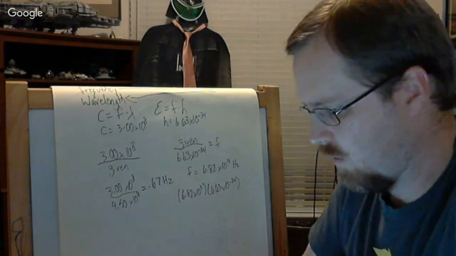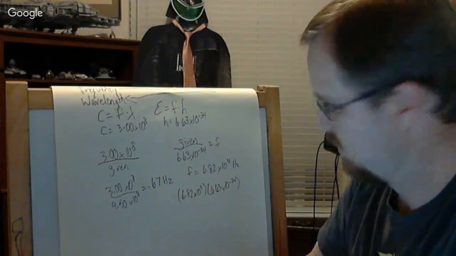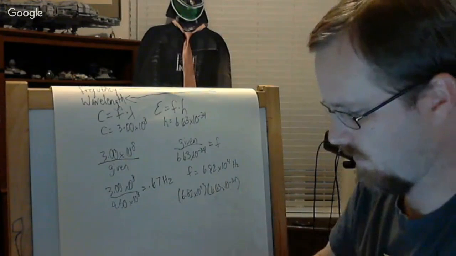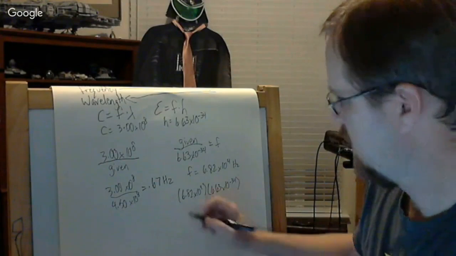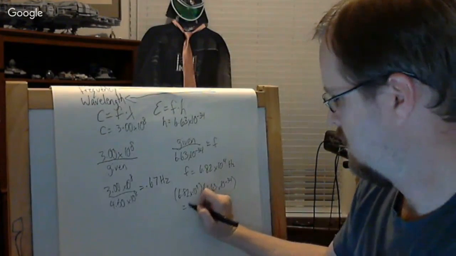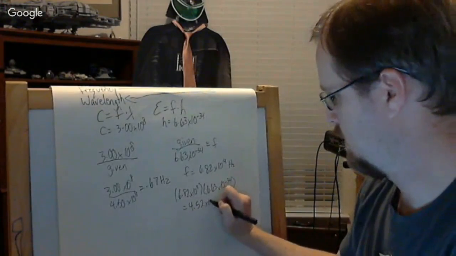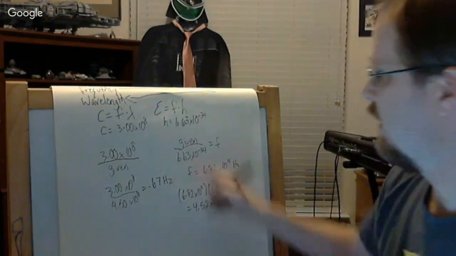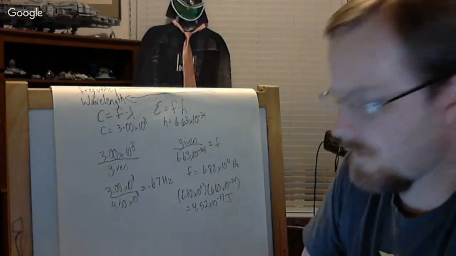Then what we type into the calculator is 6.82 EE4 times 6.63 EE negative 34. And then what we get is 4.52 times 10 to the negative 29. And this being energy, units are joules. Okay?